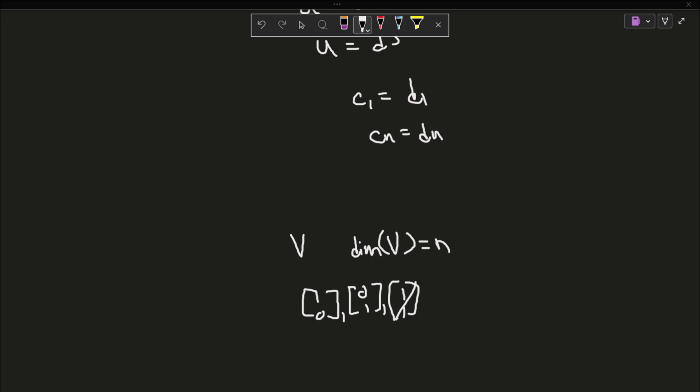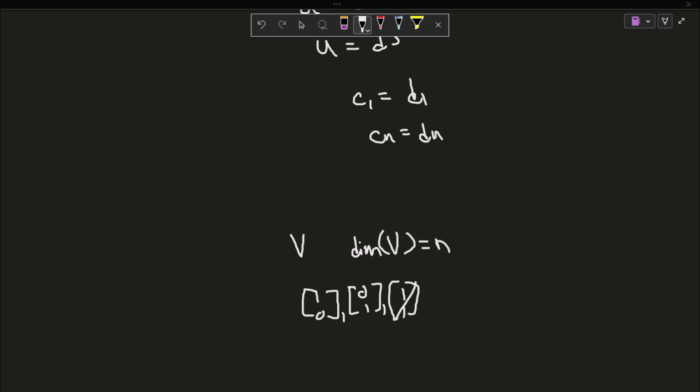And then the second part is that if S is a linearly independent set of vectors in V, then there exists a basis for V that includes all of the vectors of S, which means that S can be extended to a basis by augmenting it with a suitable number of vectors.